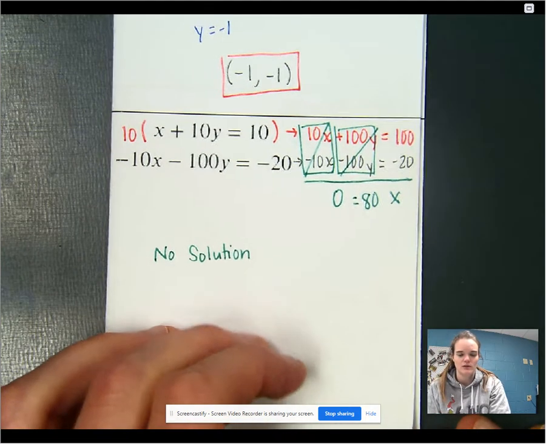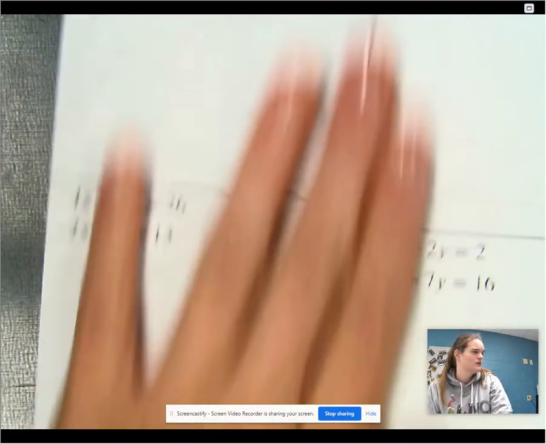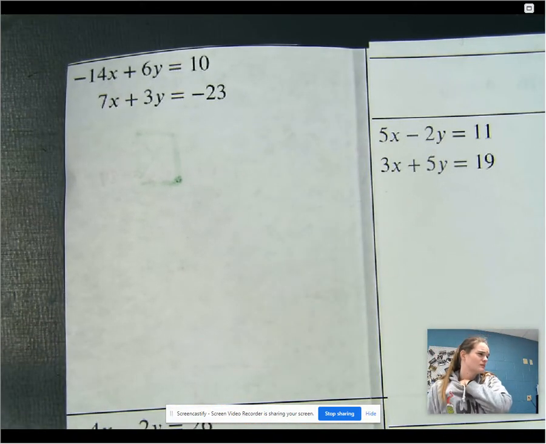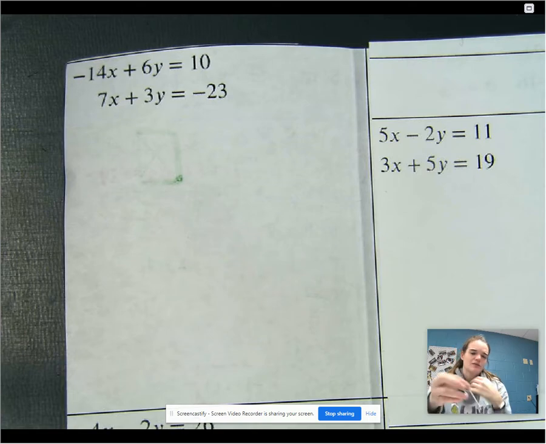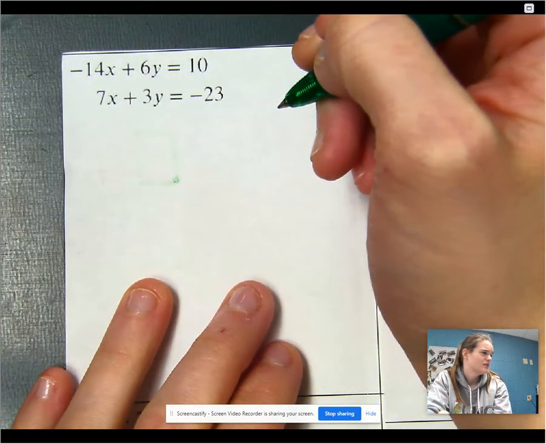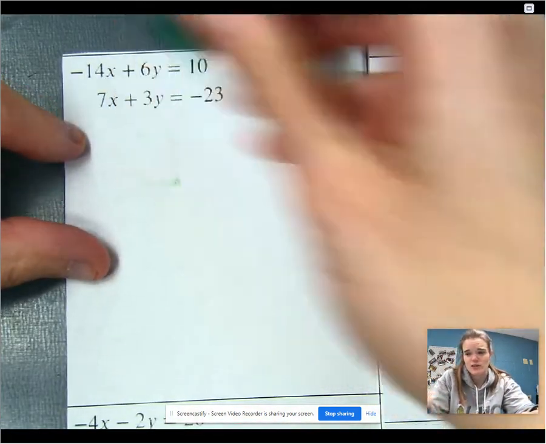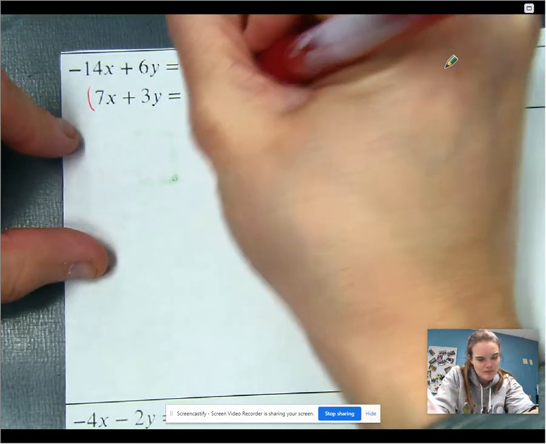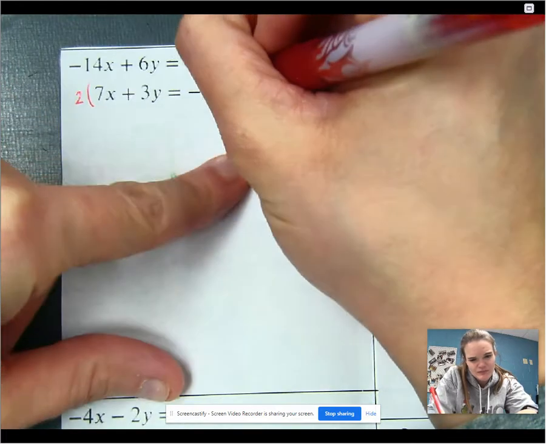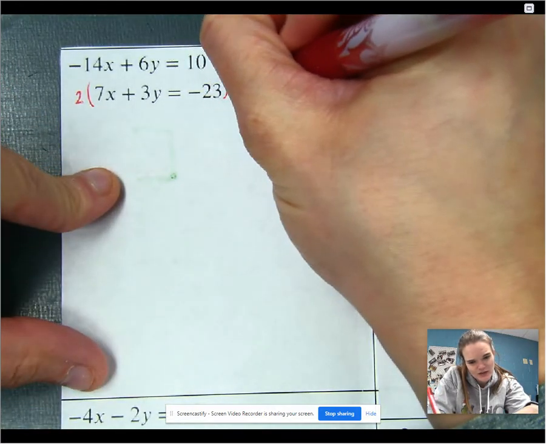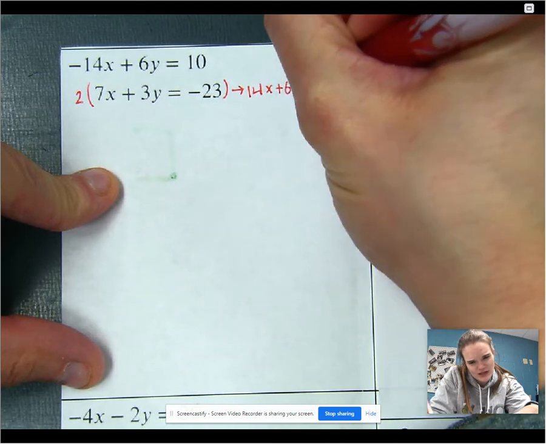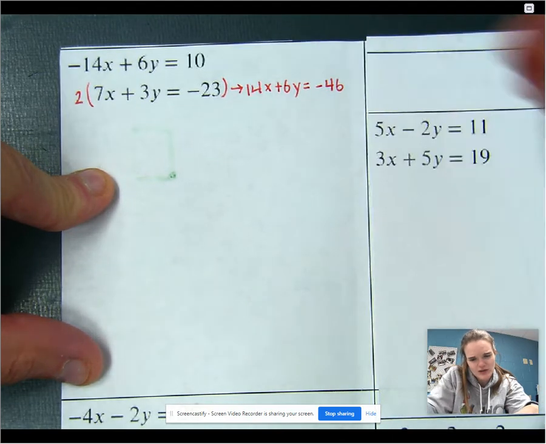Okay, go ahead and open. All right. I've got 14x and 7x. I could change the 7 to a 14 by multiplying by 2. 14x plus 6y equals negative 46.